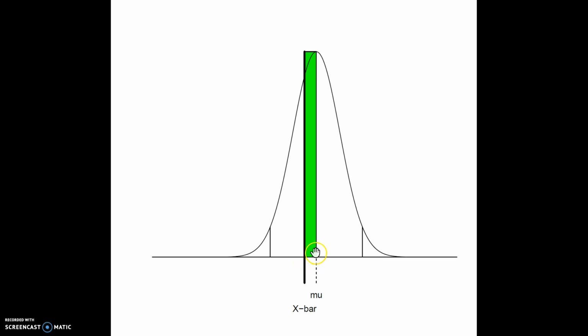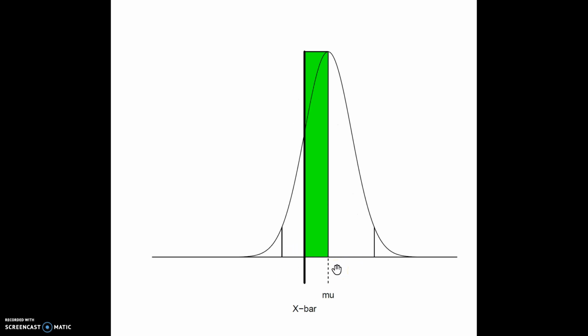So I've slid it along. And the thing that I want you to notice is that the solid black line is in between these two limits. So the sample mean sits within these two limits. So if we have a population mean equal to any of those green values, then this sample mean falls within that likely range. If I slide it even further to the right, I can see that the sample mean here still sits in this likely range.